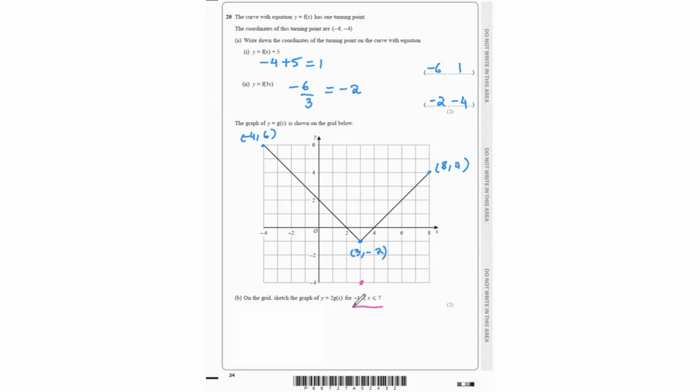So in the question, they said that x has to be between -1 and 7. So for -1, our value is 3. So we can do 3 times 2, that's 6. So that means -1, that's going to come over here. Let me remove this. And then over here at 7, the value is 3. So again, 3 times 2, that's 6. So 7, 6, that's going to come over here as well.